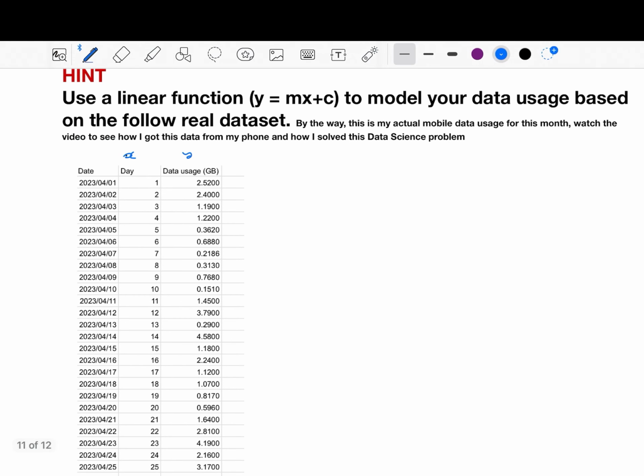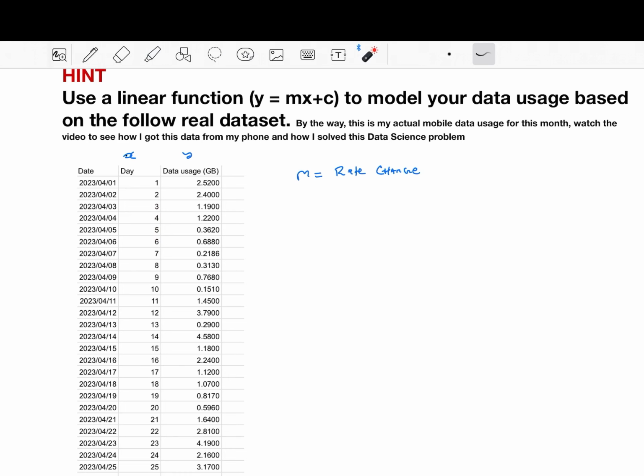Again, we said a gradient is equal to m, which is equal to rate of change. Rate of change is how often, how fast you are moving from point A to point B, right? Meaning how fast we are consuming data from day 1 to day 2, from day 2 to day 3, how fast we are consuming your data from day 4 to day 5.